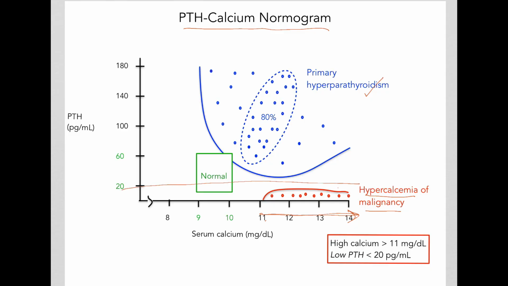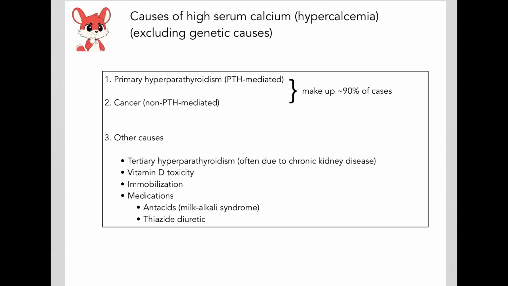You can see the PTH values are low. Okay, so this is a very nice way to differentiate the two major causes of hypercalcemia. So this is a little bit about the two major causes of hypercalcemia.